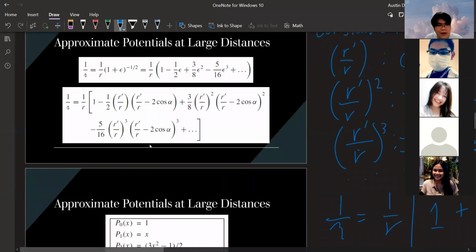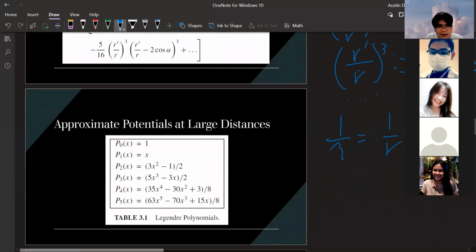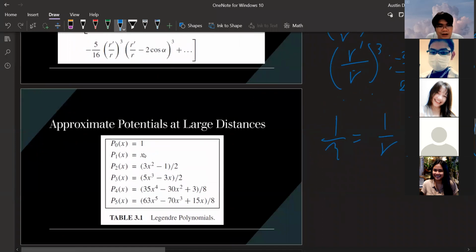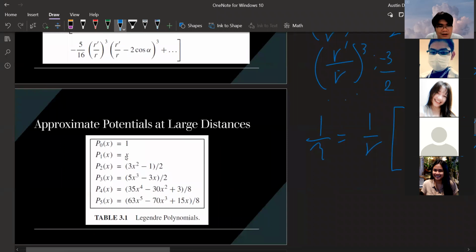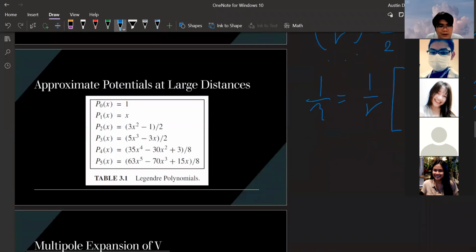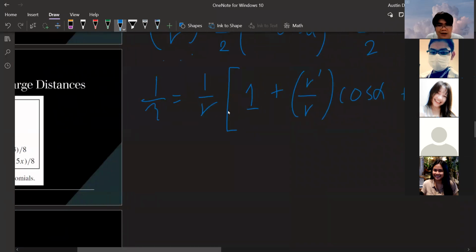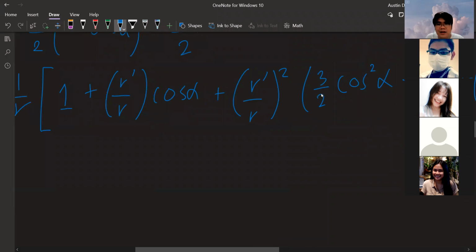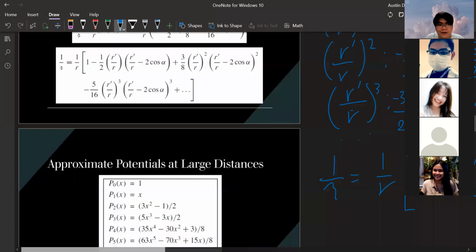Okay. So, we have that. Now, pansinin natin. Tingnan natin itong Legendre polynomials again. So, 1, x, 3x squared over 2 minus 1/2. Pansinin natin. 1, x, 3/2 x squared minus 1/2. Tama?